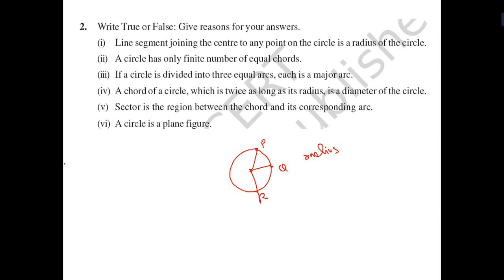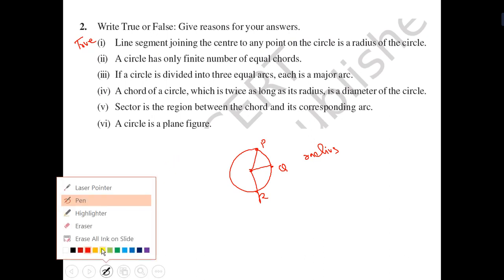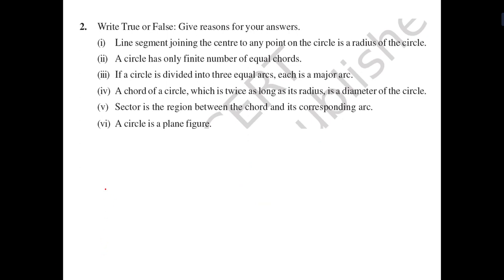We can say it is true. The reason is that all points on a circle are equidistant from the center. Next: a circle has only a finite number of equal chords, that is false.